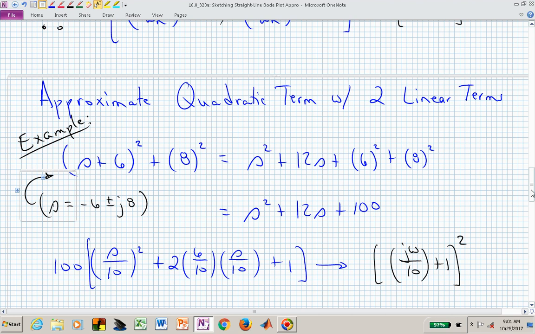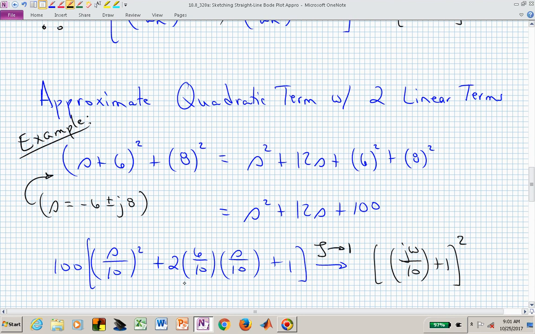So we now have (s/10) squared plus 2 times 0.6 times (s/10) plus 1. And what we want to do in this particular movement into this Bode approximation is we are actually saying that we are now letting zeta go to 1.